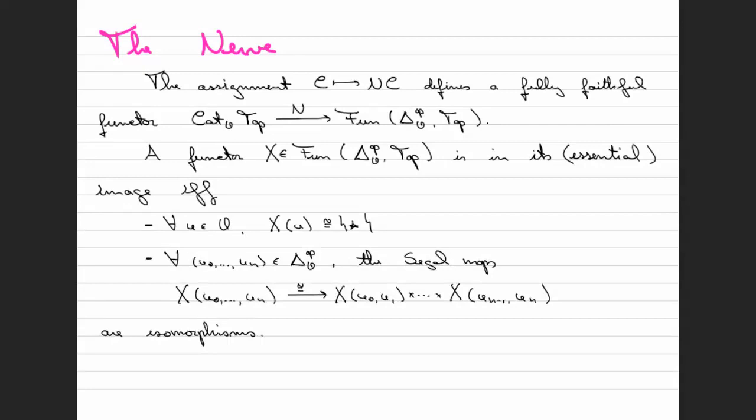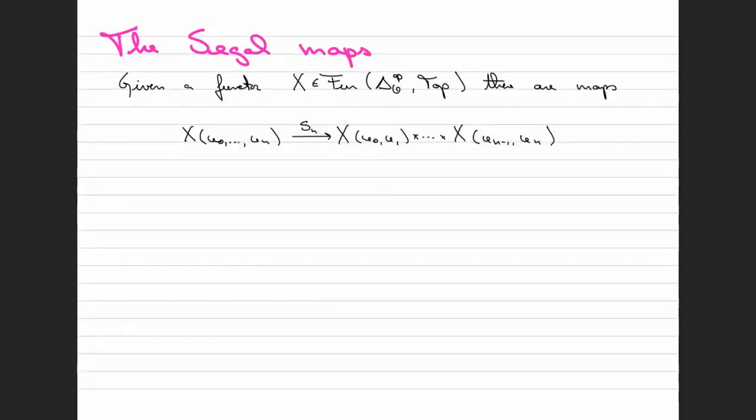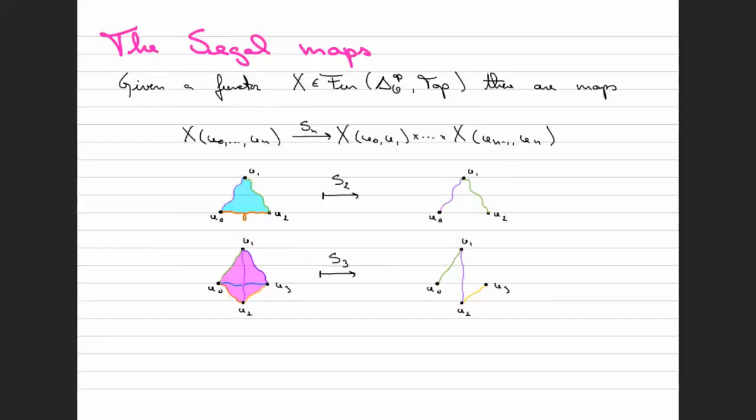I haven't introduced the Segal maps. So I will do it now, but it's not so hard. The Segal maps give us the spine of a tetrahedra. Let me show you the pictures. It's easier. We take an n-dimensional tetrahedra and we get the string of lines that connect adjacent vertices. In this case, we have this triangle.